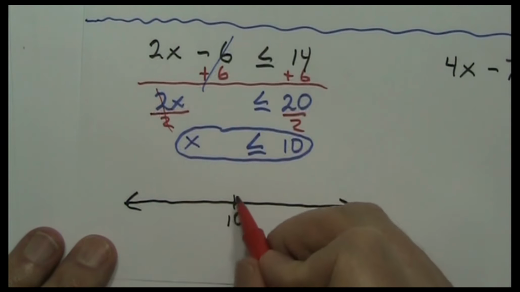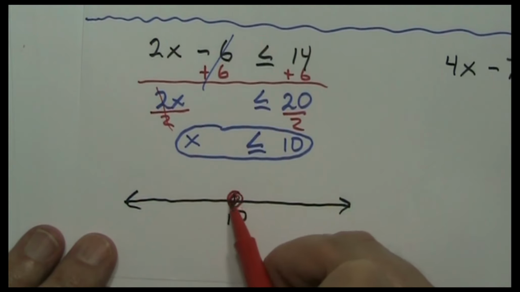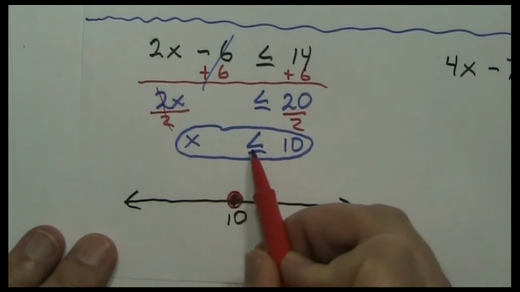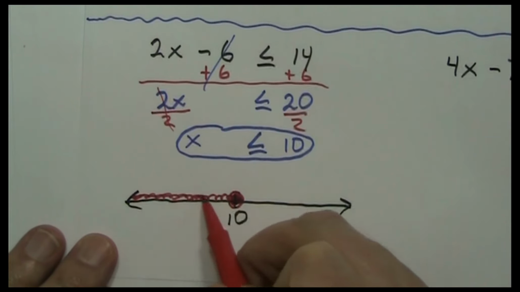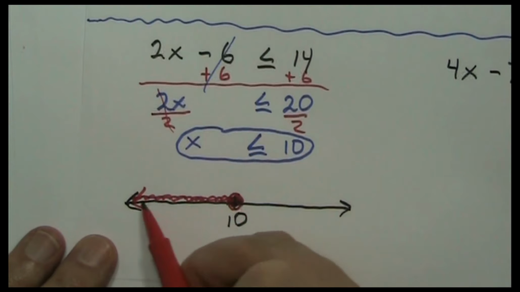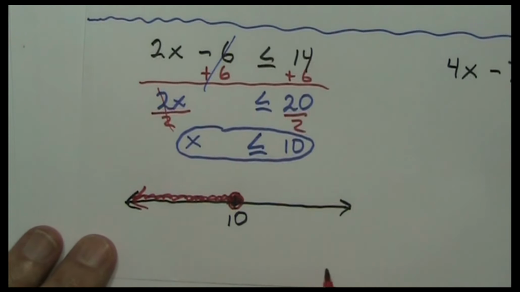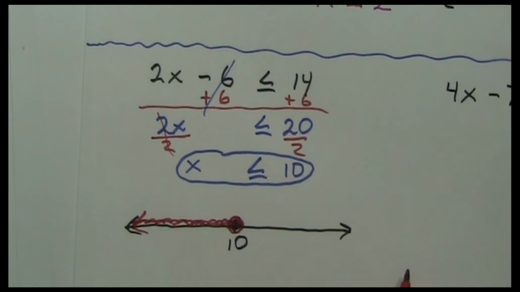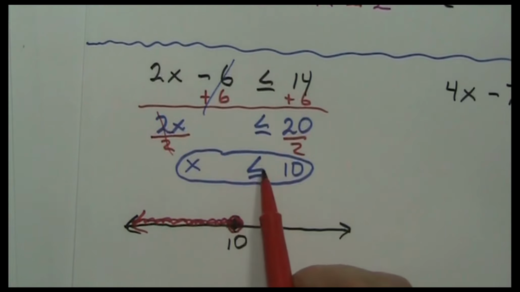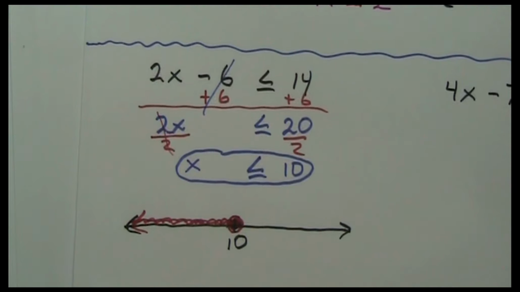So it is a closed circle, because it could be 10, or it could be all the numbers less than 10. All of these answers will work. None of these will. So see, there's more than one answer you can put in there for x. So rather than write all the answers, I display all the answers. So these are all the solutions.